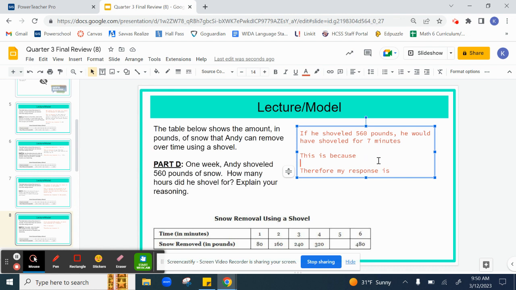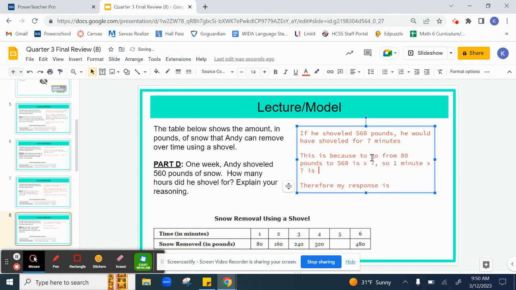All right, so this is because to go from 80 pounds to 560 is times 7. So 1 minute times 7 is 7 minutes. Therefore, my response is 7 minutes.